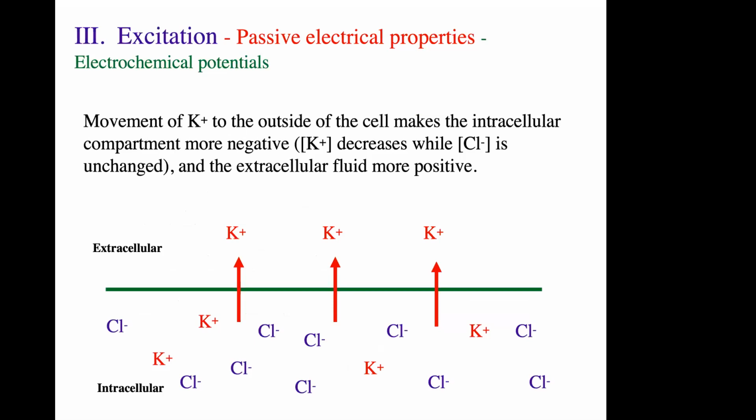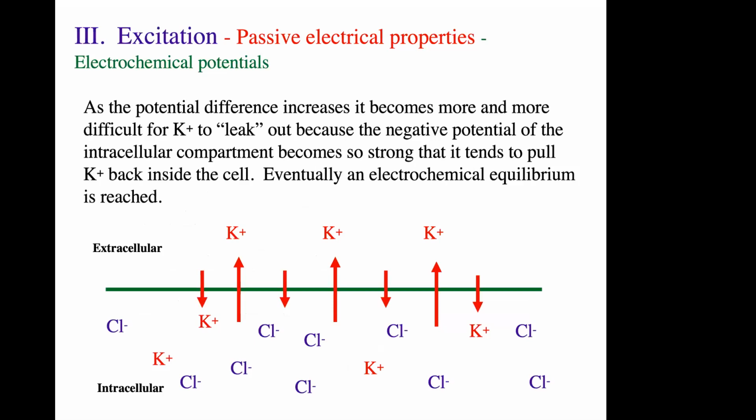All right? And then over time, the electrical gradient and the chemical gradient will come into balance with each other. The electrical gradient will begin to pull more potassium back into the cell, because remember, positive is going to move towards negative. And at some point, you reach an equilibrium where there's no net movement of potassium. We all understand that, correct?